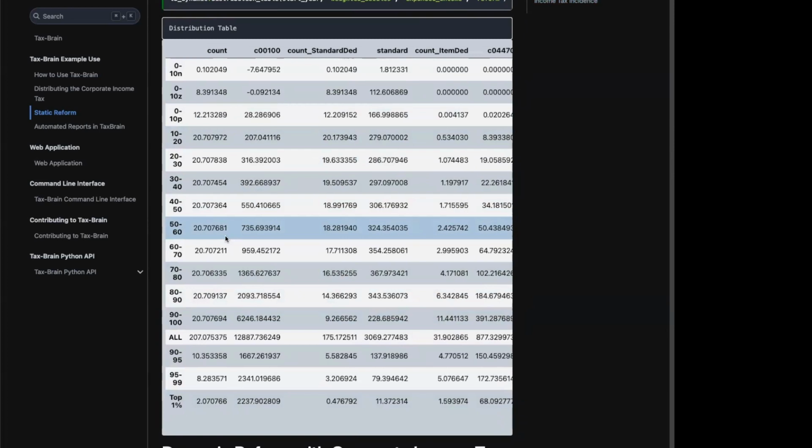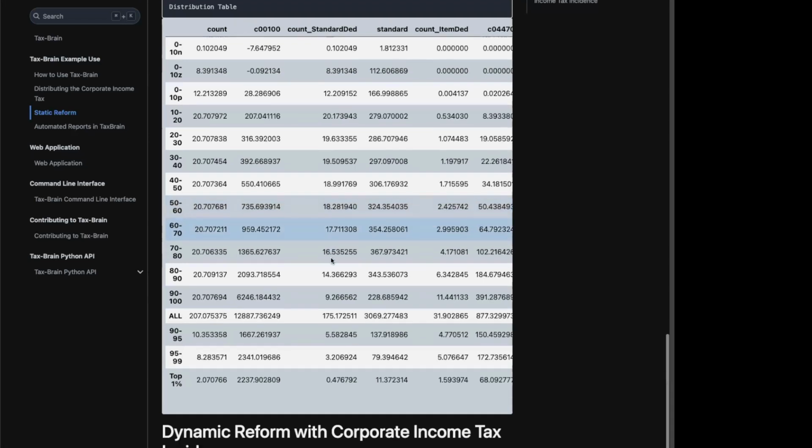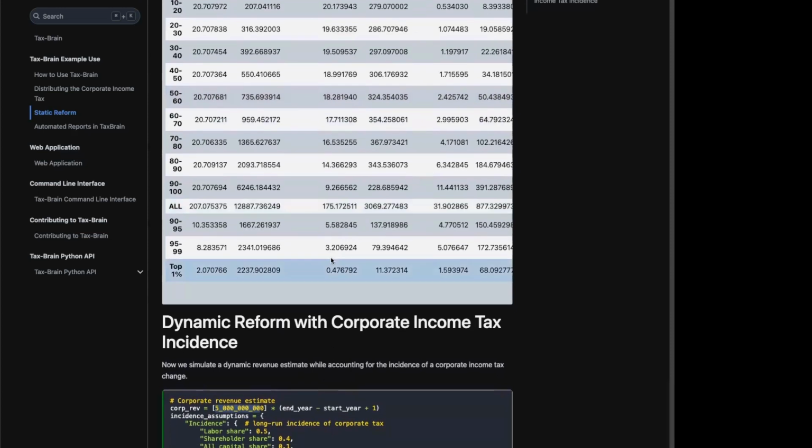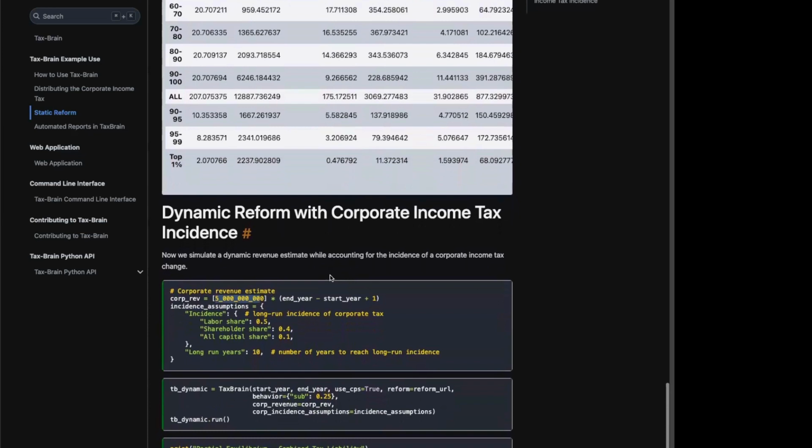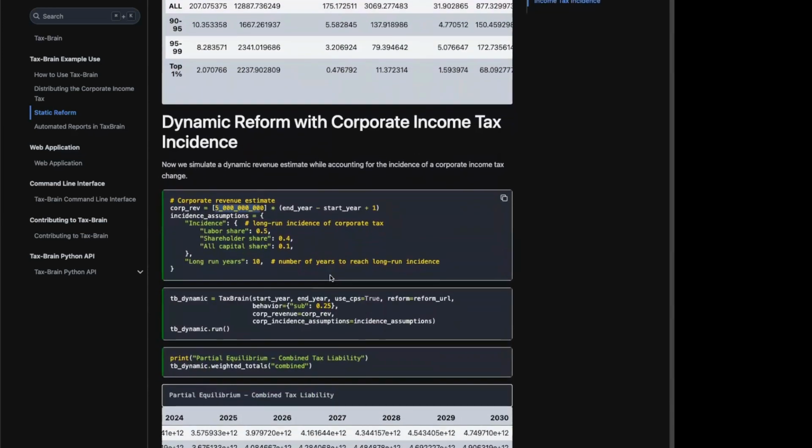So that corporate tax incidence is going to hit much more at the top end of the distribution and less at the lower end. And so you'll be able to analyze distributional effects as well of corporate income tax changes. All right. So all of those features of TaxBrain are available when you're analyzing the corporate income tax incidence.